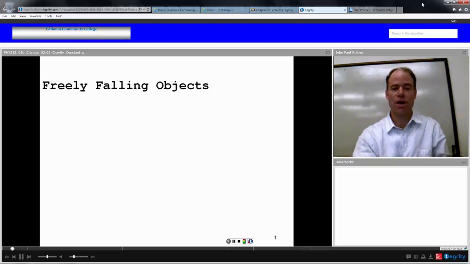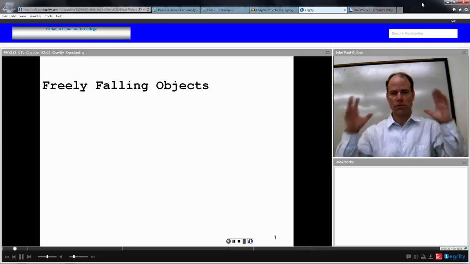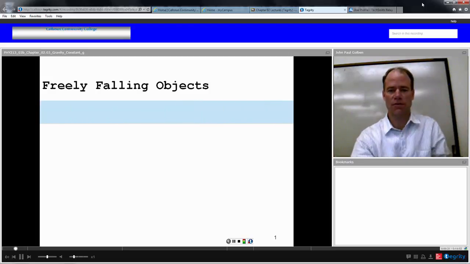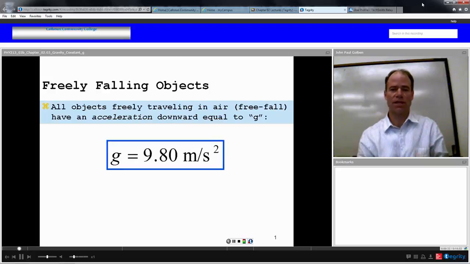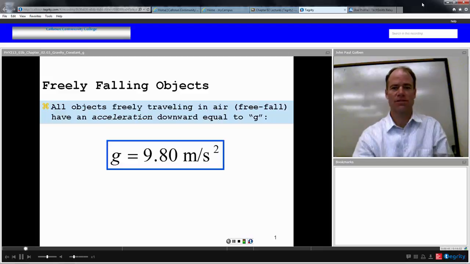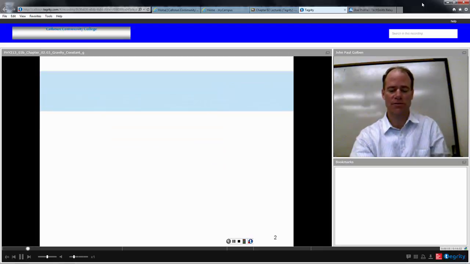So for these problems, for freely falling objects where there are no other forces, we just know that it's freely in the air, we have that the acceleration of gravity designated by g is 9.80 meters per second squared. And that 9.80 meters per second squared for Earth's gravity is directed downward towards the center of the Earth. So that is the value of the acceleration of gravity.